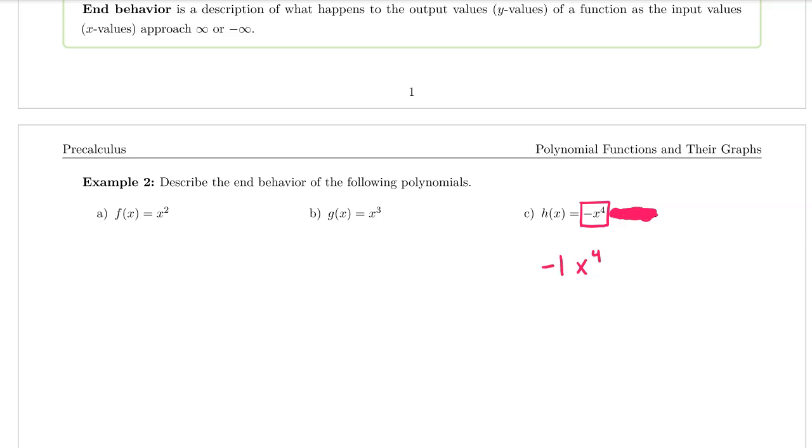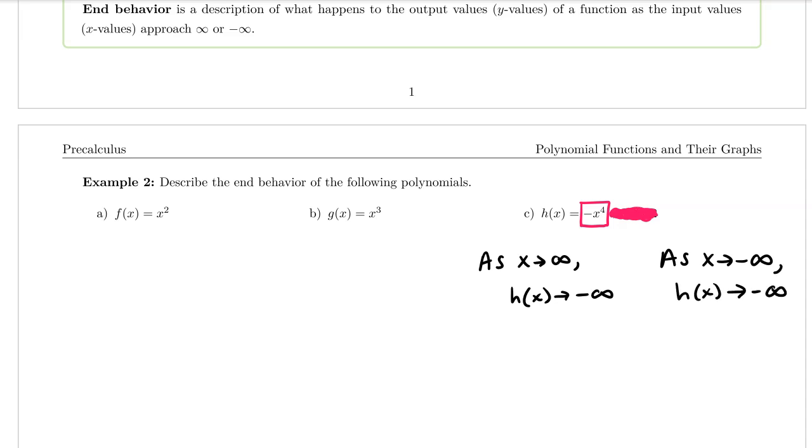But then if I end up multiplying it by negative 1, which is our leading coefficient, that's going to turn all of our output values negative. So all of that is to say, for h of x, as x approaches infinity, our output, h of x, will approach negative infinity. And then as x approaches negative infinity, h of x will also approach negative infinity.